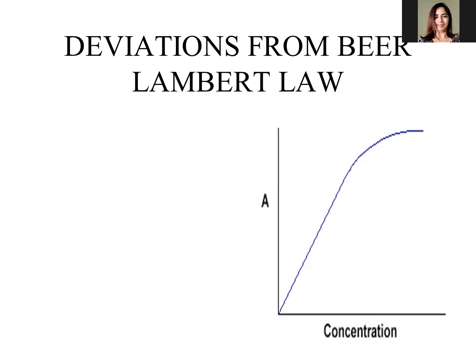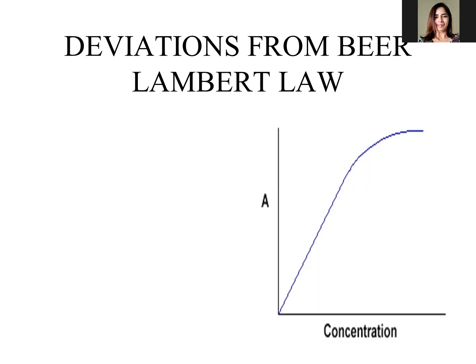Deviation can be found at higher concentration. The Beer-Lambert law is applicable only at lower concentrations. At higher concentration, the molecules may undergo association, thereby deviating from the straight line behavior. The law is not valid if the absorbing species is coagulated.